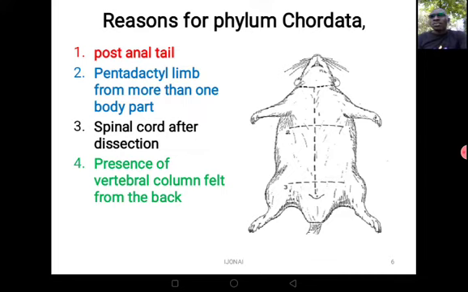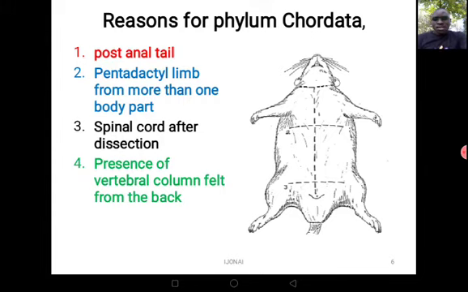Some organisms in Chordata may have a shorter tail, or may just have what we call the caudal bones or the caudal vertebrae. Even man has the caudal vertebrae. They are few. That's why you cannot see your tail protruding out. It's because the number of caudal vertebrae is relatively fewer.